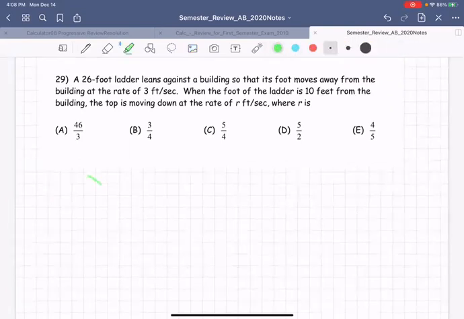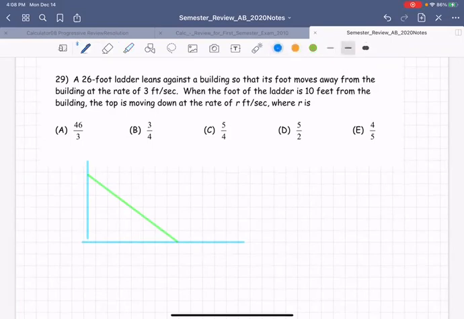And this is the building, and this is my floor, okay? And this is moving away. So this is dx over dt equals 3, right?